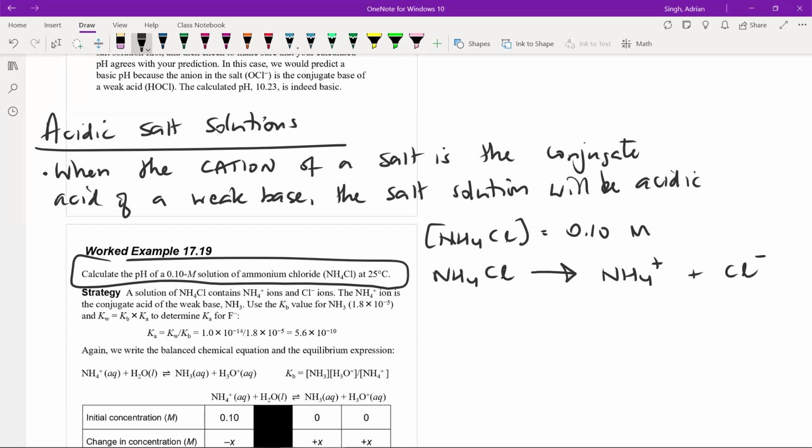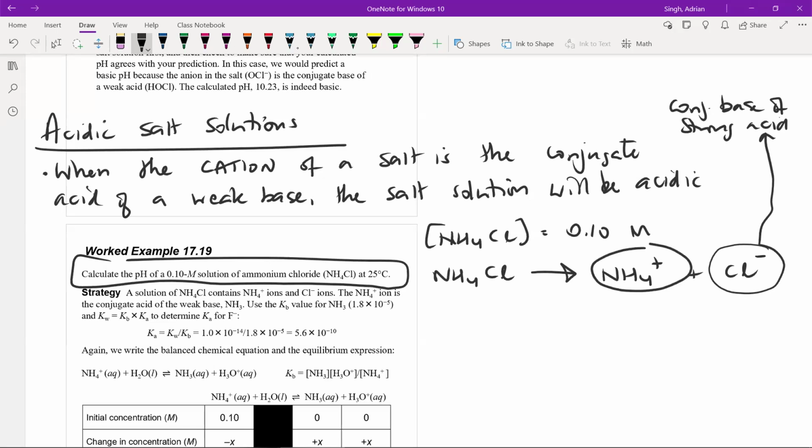You'll notice the anion, Cl minus, is the conjugate base of a strong acid, so this will generally not have any effect on the acidity of the solution.